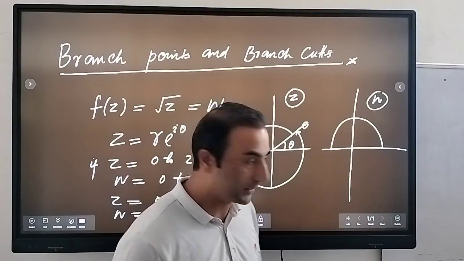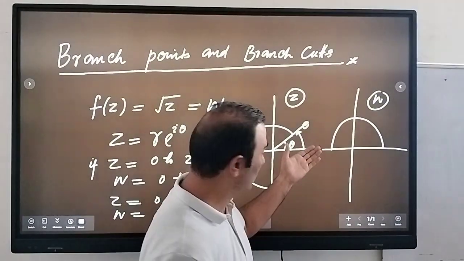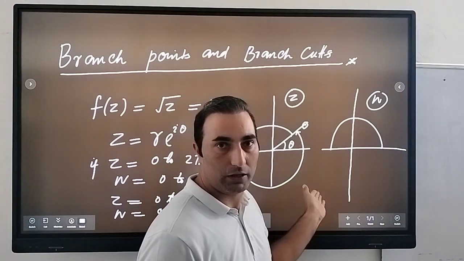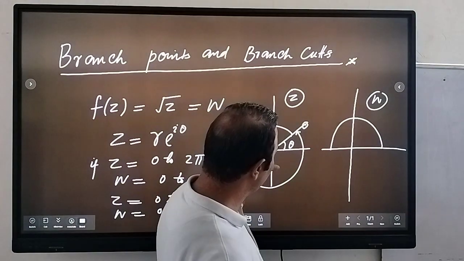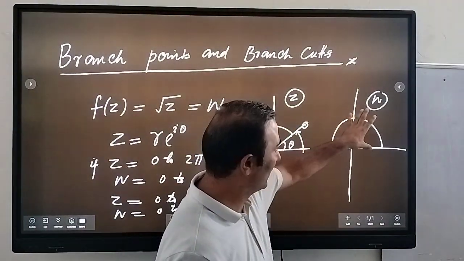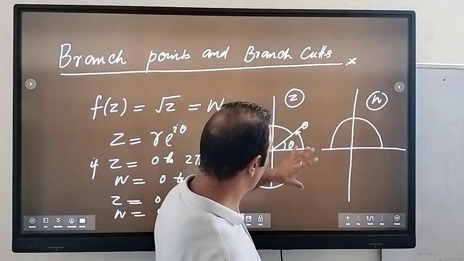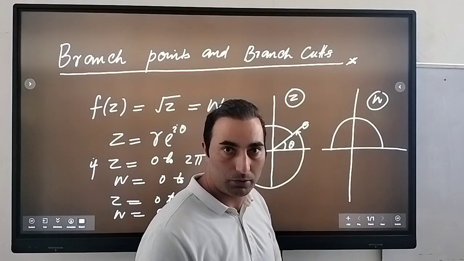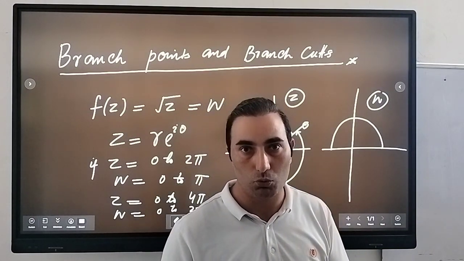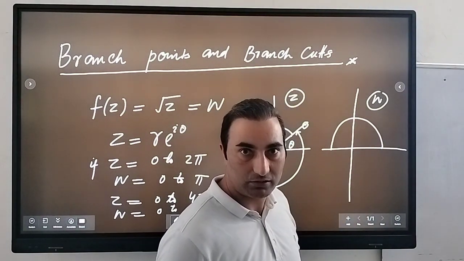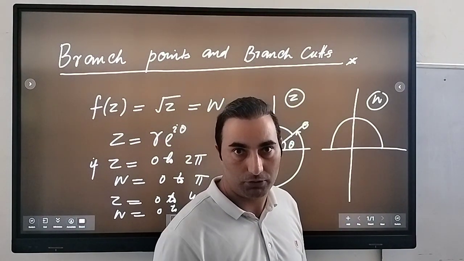We are rotating the angle from 0 to 2 pi, then 2 pi to 4 pi. We are making two copies of the z plane, and then we can map it to the w plane. Because if we rotate from 0 to 4 pi, first from 0 to 2 pi and then from 2 pi to 4 pi, it covers the whole complex plane. It will go from 0 to 2 pi.